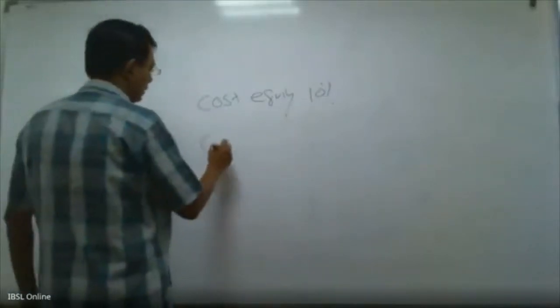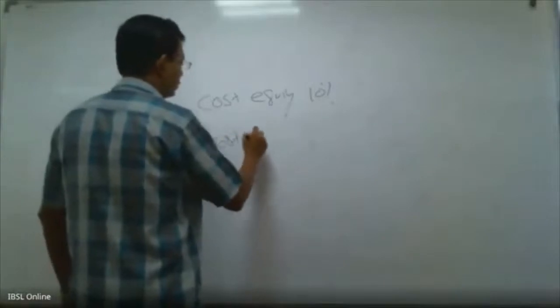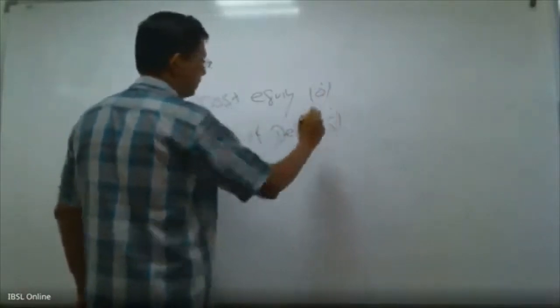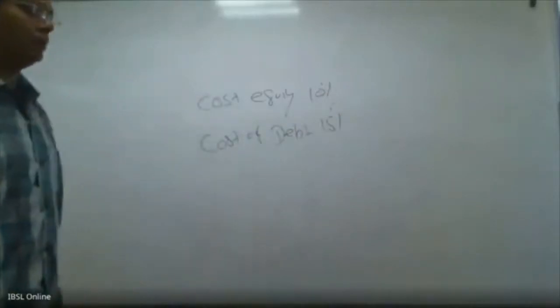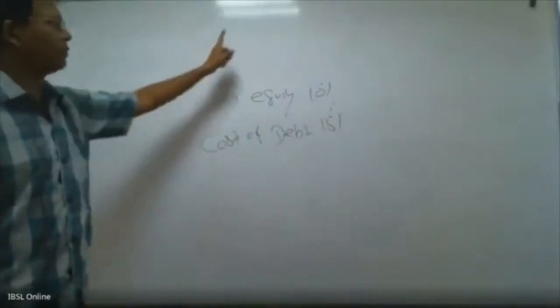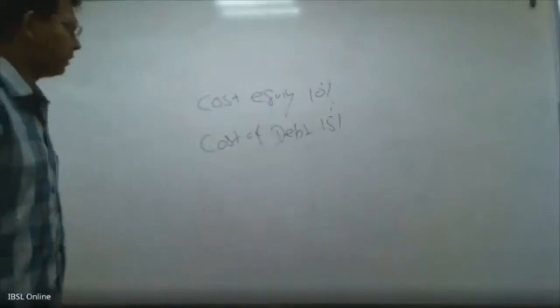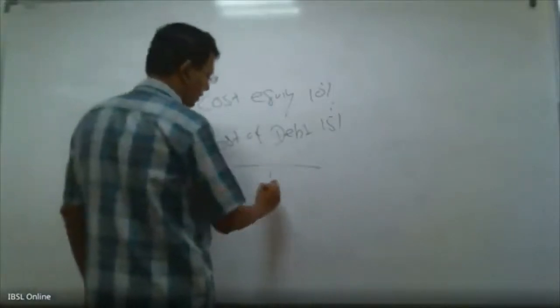And cost of debt, we say 15%. Given. And there is a cash flow here, and the examiner asks you to calculate. And you have been given the balance sheet as well.